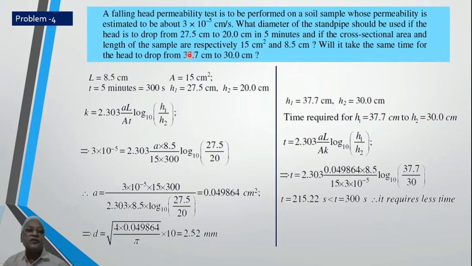Okay, though there is a more drop, it has taken the same time. That is what we can observe, because the length of the drop is 37.7 minus 30, in the sense 7.7 centimeter, whereas here it is only 7.5 centimeter, but time taken is the same.